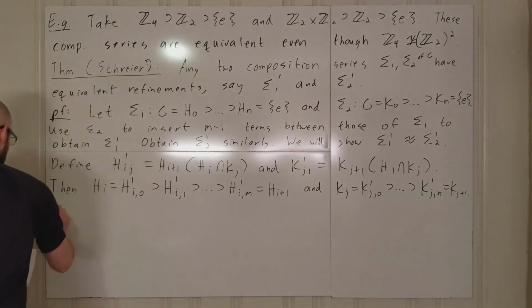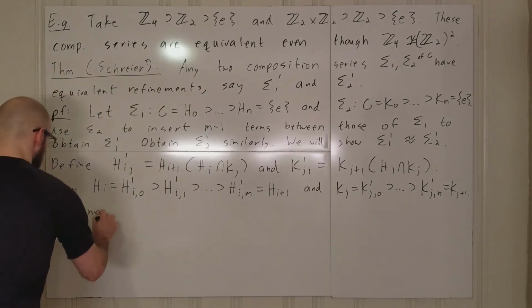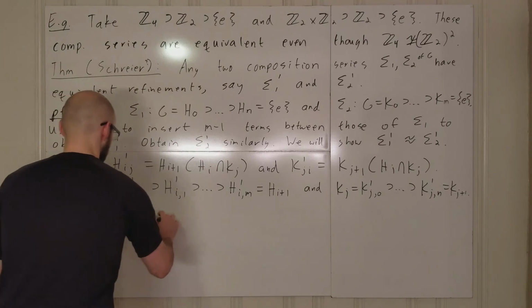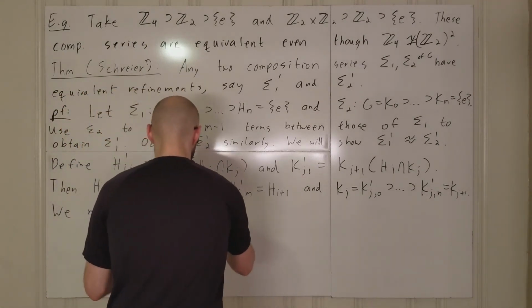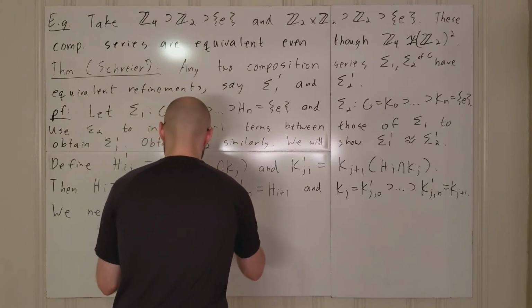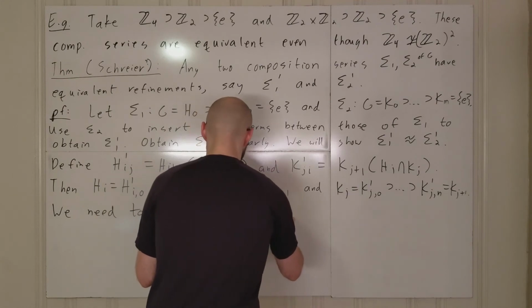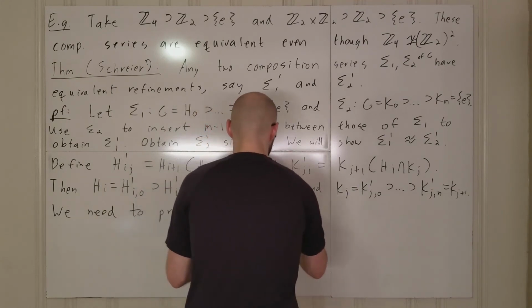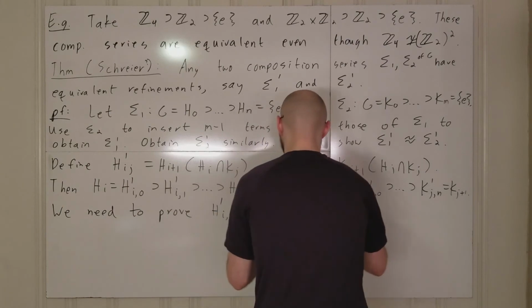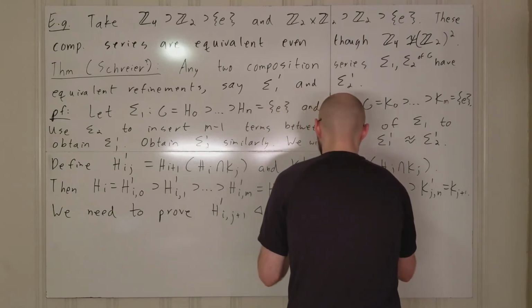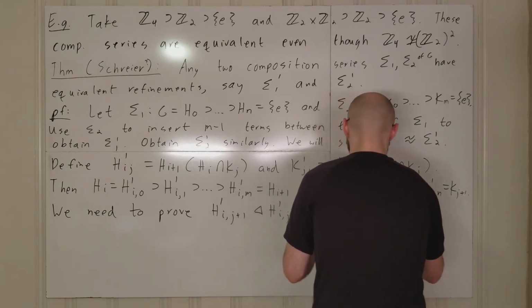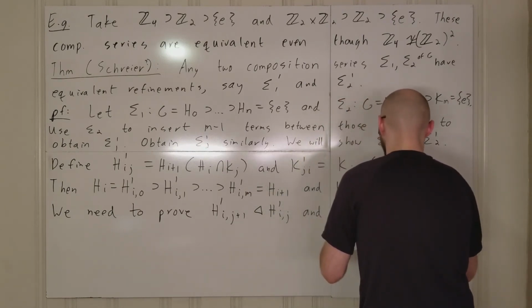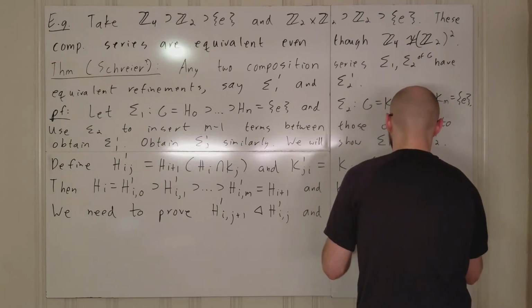Okay? So we need to prove what? We need to prove that hi comma j plus 1 prime is normal in hi j prime, and we need to prove that kj comma i plus 1 prime is normal in kj i prime.